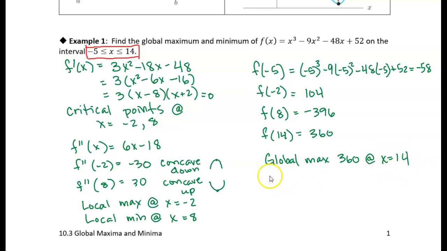Then we need to evaluate the global minimum. We look at all of these points and figure out which one's the smallest. It looks like it's -396. That's the smallest function value, and that occurs at x equals 8. So that's my answer. Those are the global maximum and minimum.